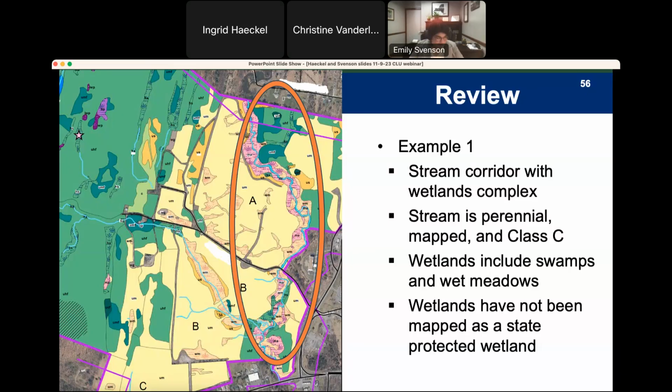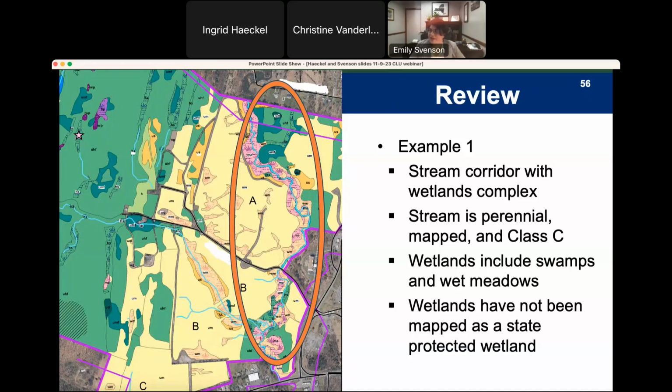We will see. As far as federal regulation, this stream is a perennial stream again. Do we think this stream is under federal jurisdiction? The answer is actually yes, because federal jurisdiction is not based on mapping.